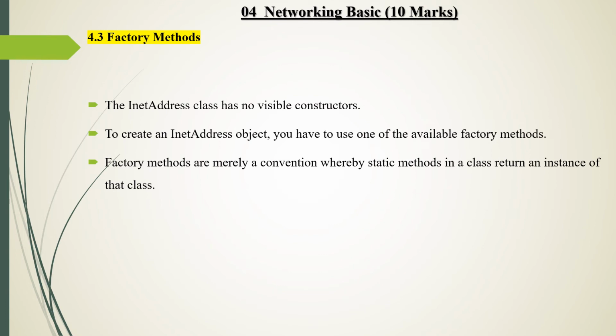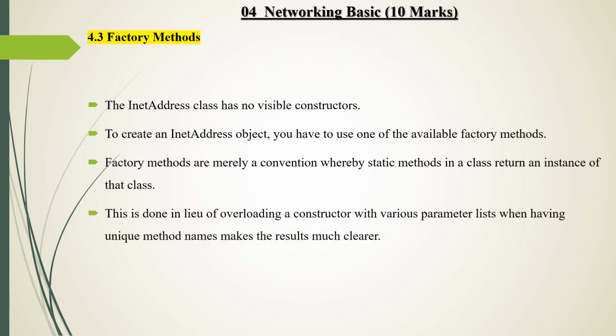Factory methods are merely a convention whereby static methods in the class return an instance of that class. Static factory methods are static methods which return the instance of that class.